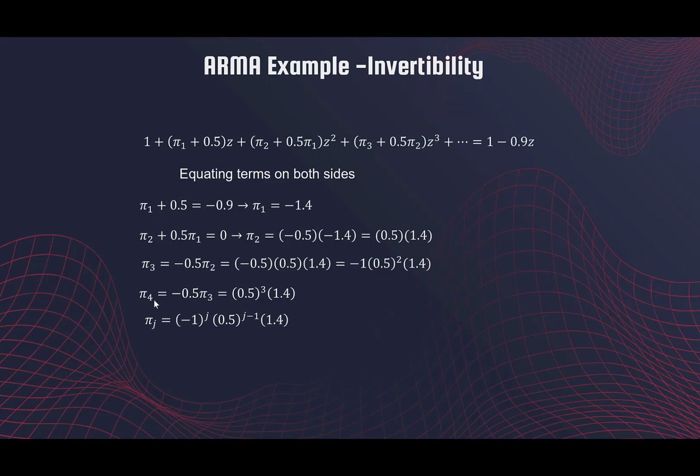So in general we can say that pi j is minus 1 raised to j, half raised to j minus 1 times 1.4. So this is the invertible representation. Now we know what pi j's look like. We can plug in this expression for pi j, rearrange terms a bit, and we get this particular expression. So xt now has another representation here.